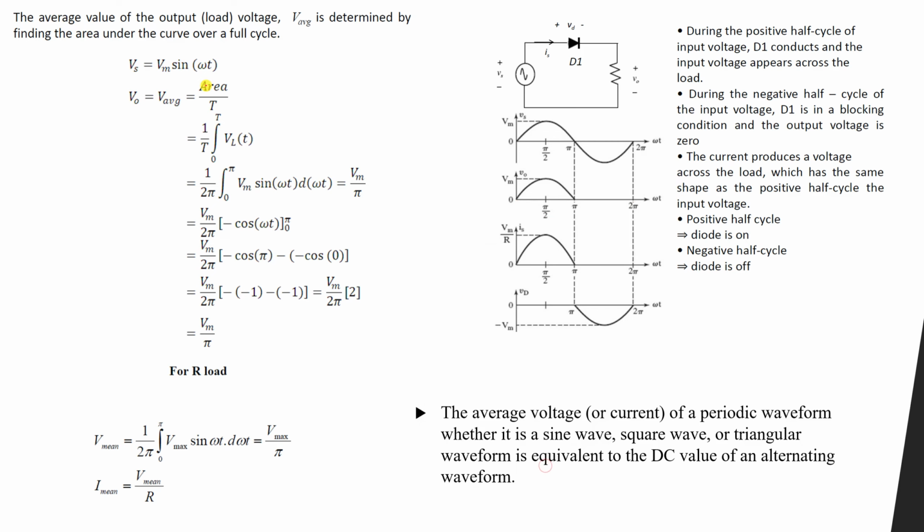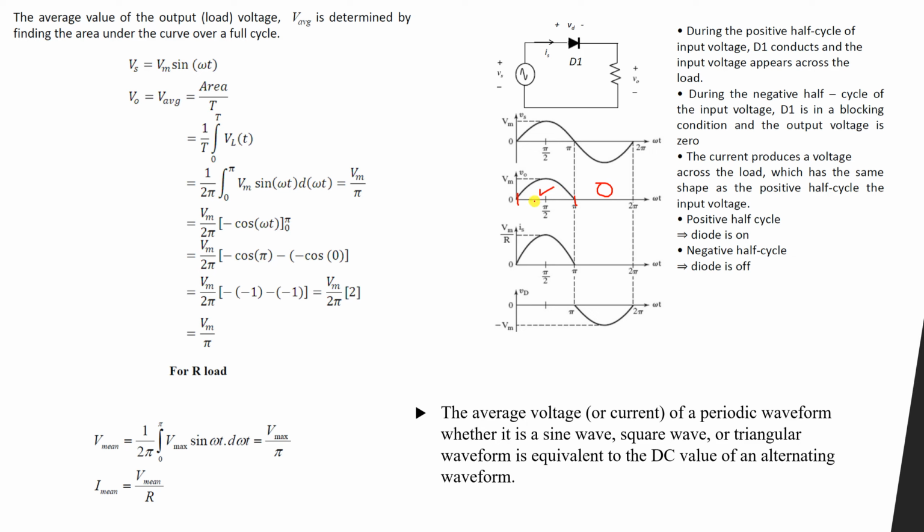So 1 over 2 pi, integration from 0 to T, which is the whole period from 0 to 2 pi, right? However, if you look at this waveform, you will find that we have integration from 0 to pi with a certain value. However, from pi to 2 pi it is equal to 0. So we don't need to integrate this part. It is already clear that it is equal to 0.